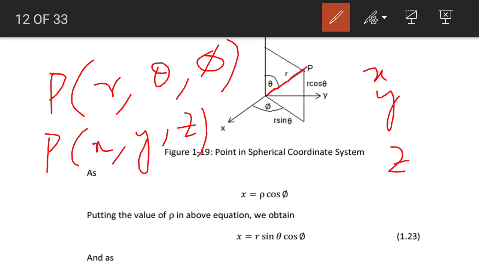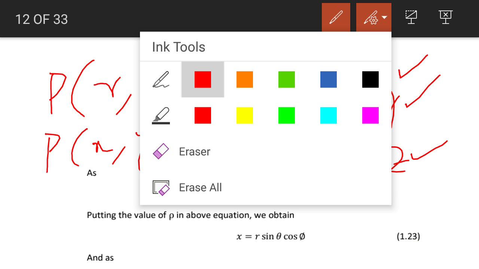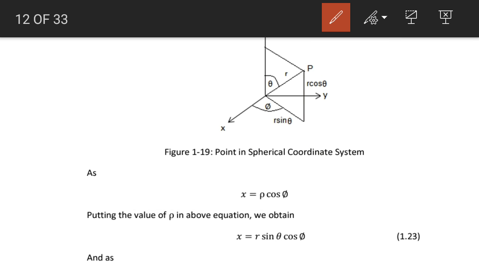So if you guys want to represent the same point in the rectangular coordinate system, you guys will have to calculate the x coordinate of this point, the y coordinate of this point, and the z coordinate of this point. So let us talk about the transformation of this point from the spherical coordinate system into rectangular coordinate system.